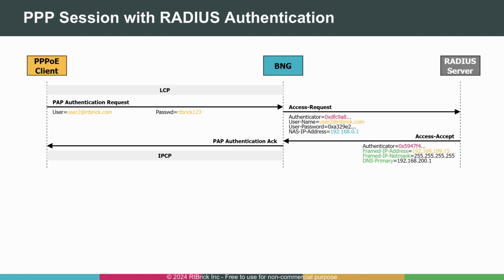The Radius server responds with either an access reject or access accept message. The access accept message may contain additional configuration options, such as framed IP address, framed route, DNS server, etc. The BNG sends a PAP or CHAP authentication acknowledged to the PPPoE client once it receives the access accept from the Radius server.